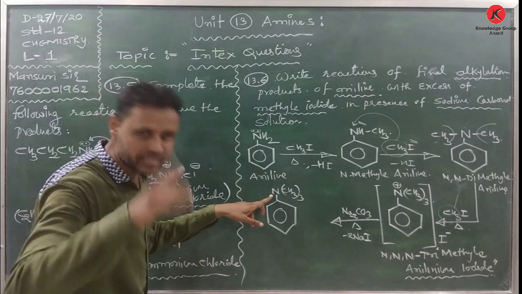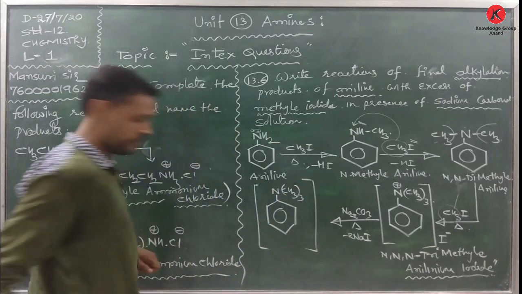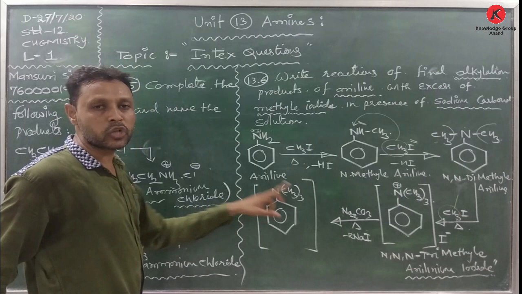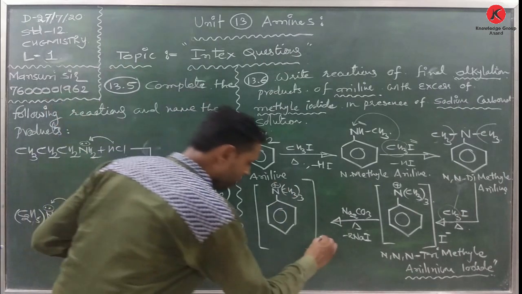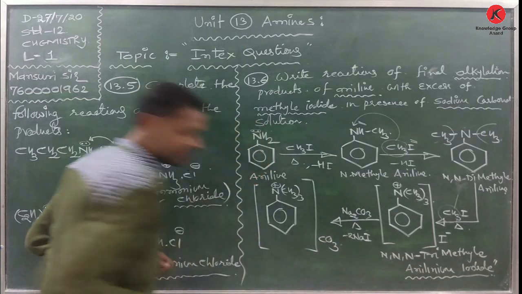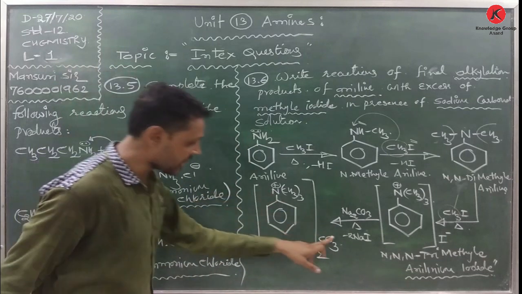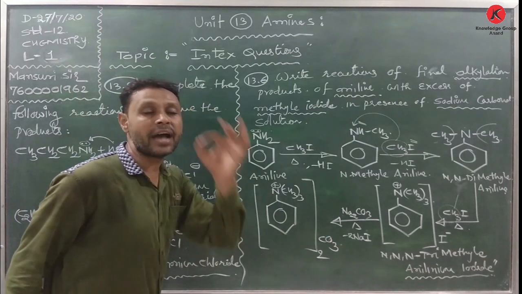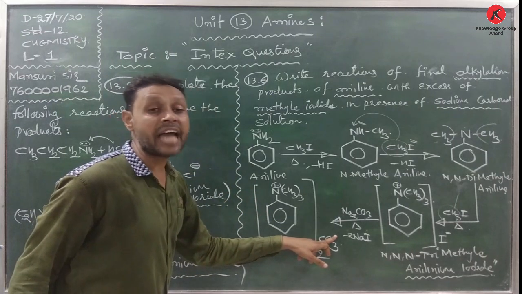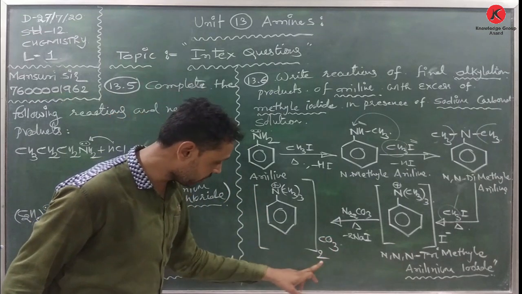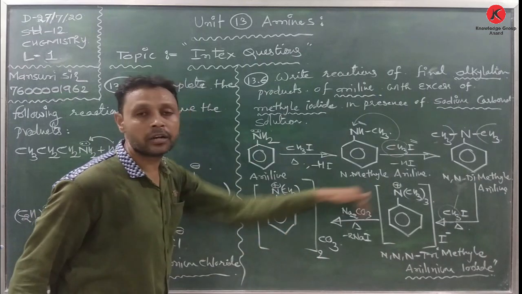N,N,N-trimethyl anilinium carbonate, right? But this is 2 times because carbonate has a minus 2 charge, which is divalent. So we have to put here 2, right? So this is the structure of this complete reaction.